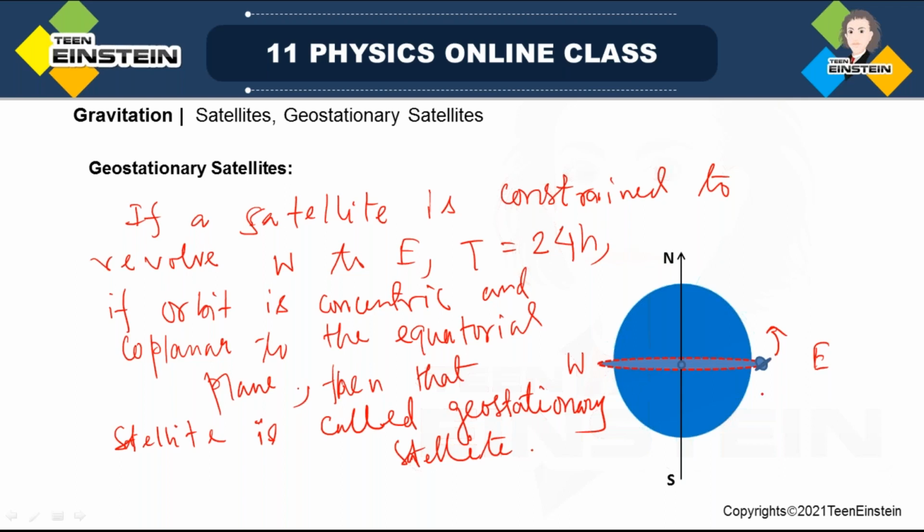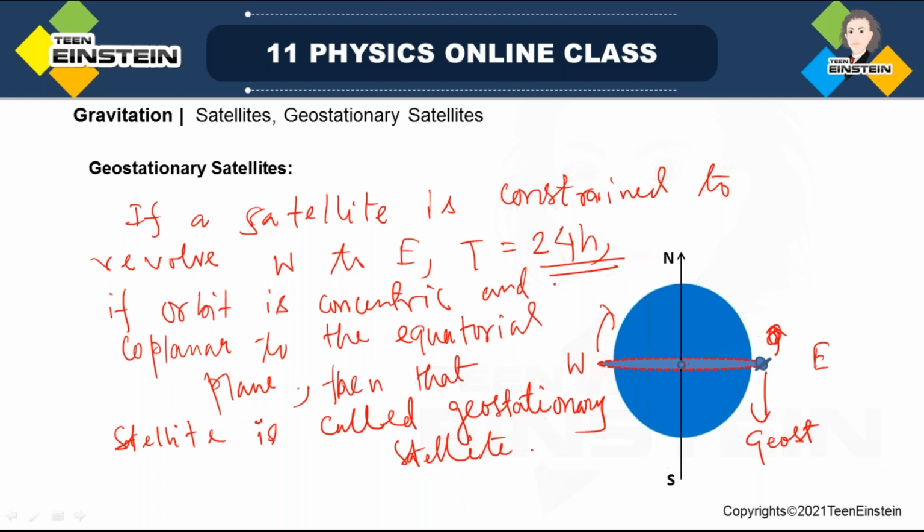So what I said, if a satellite is made to revolve around the earth in the west to east direction, with time period of revolution 24 hours, and if the orbit of the satellite is coplanar and concentric to the equatorial plane, then this particular satellite is called a geostationary satellite.